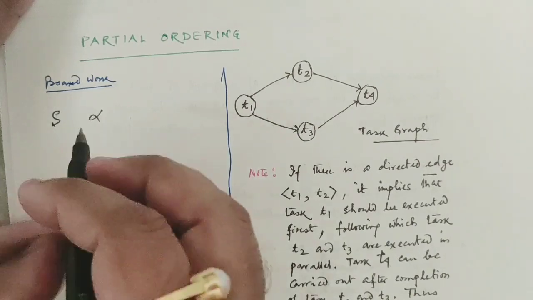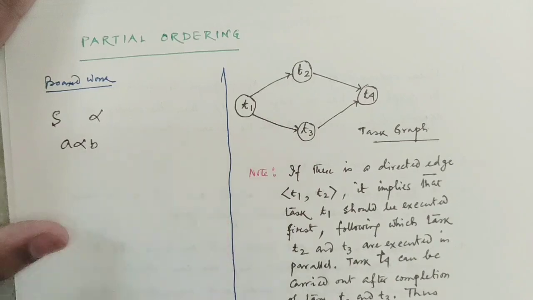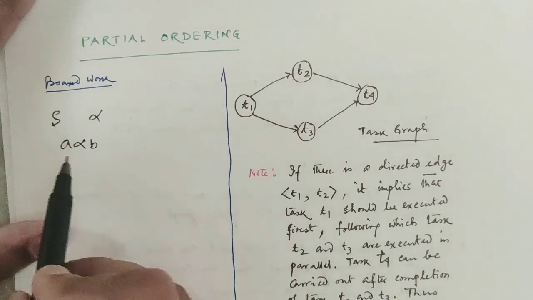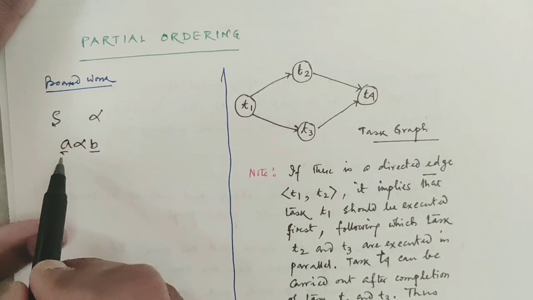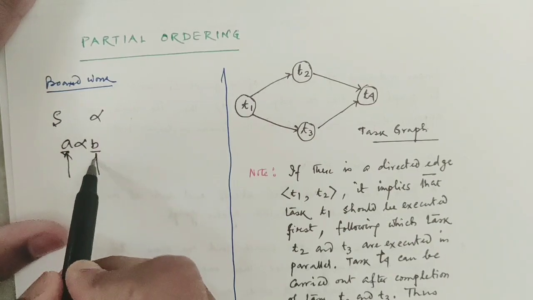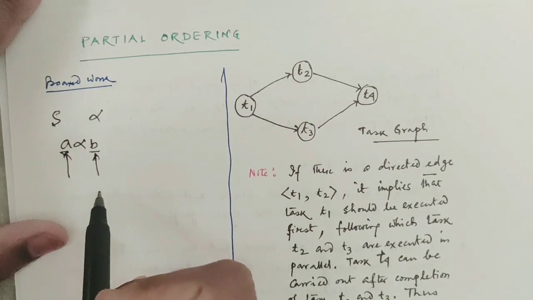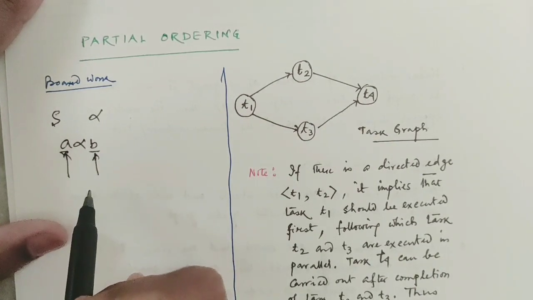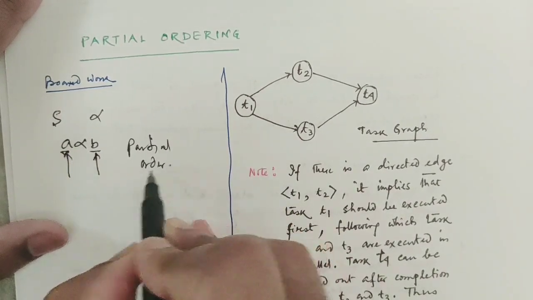If A relation operator B is a relation between two tasks A and B, it implies that the task A must be performed before the task B. Okay, and this kind of order is not a total order, it is called a partial order.